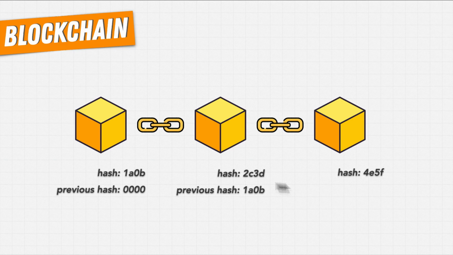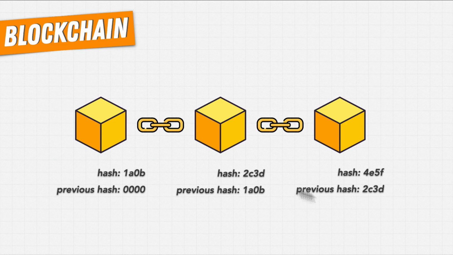So we have 3 blocks, each with a unique hash, and a link to a previous block, using a hash which points to that block. Now, the first block here is special. It came before all the others, so it doesn't have a previous hash. In blockchain, this is what is known as the genesis block, the one that starts the whole chain.